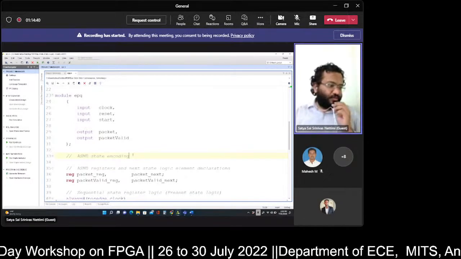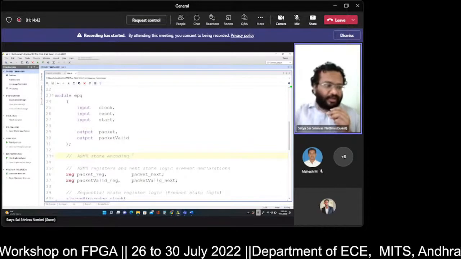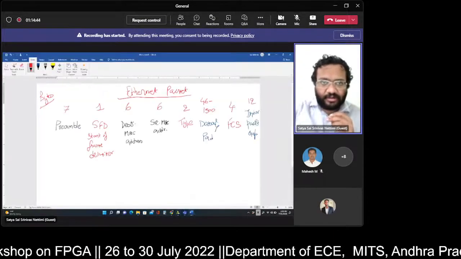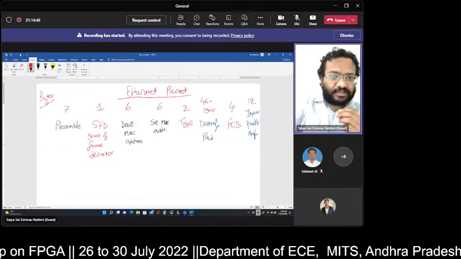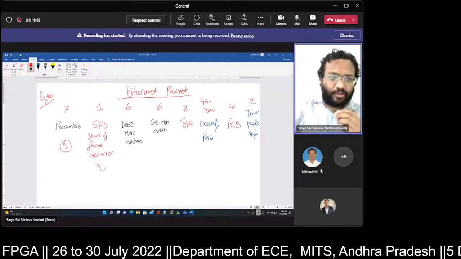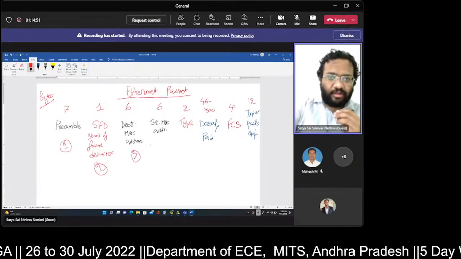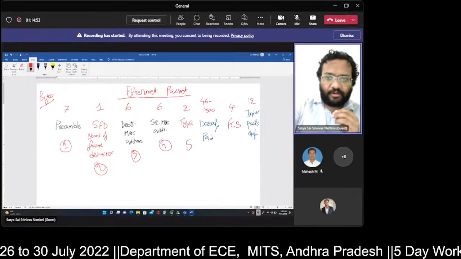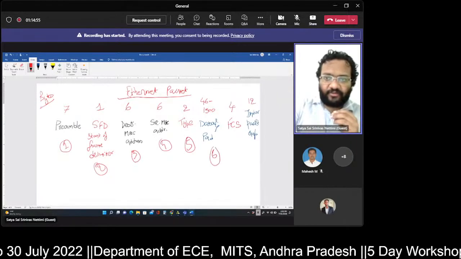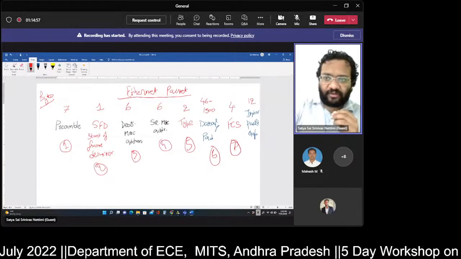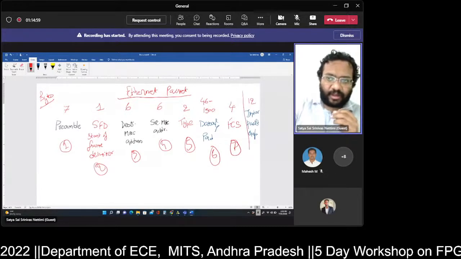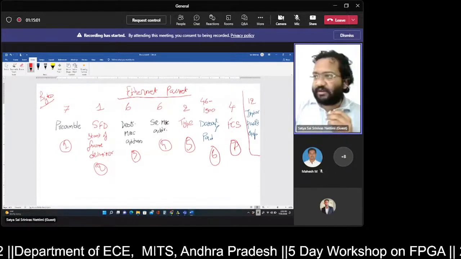If you take a frame structure, we have these entities: 1, 2, 3, 4, 5, 6, 7. Forget about the interpacket gap. So we have 7 entities.